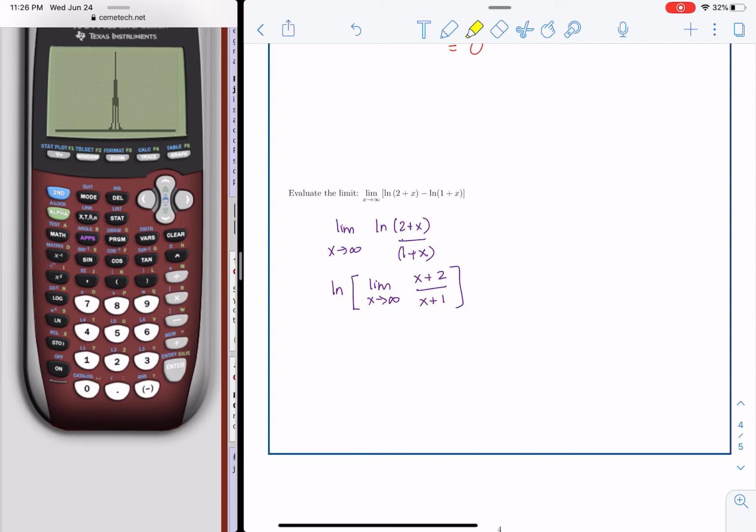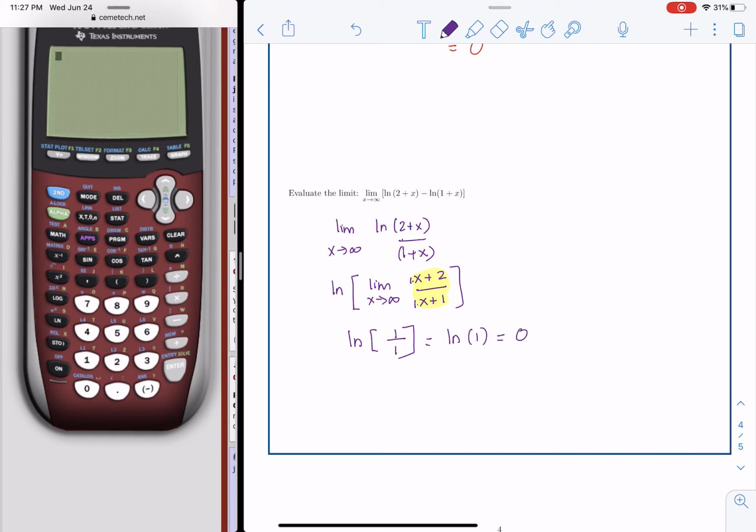And that is a rational function where the numerator degree and the denominator degree are one and the same. So that limit is simply equal to 1 over 1, which is the ratio of the leading coefficients of the numerator and denominator polynomials. So we have ln of 1 over 1, which is ln of 1. We know ln of 1 is 0.